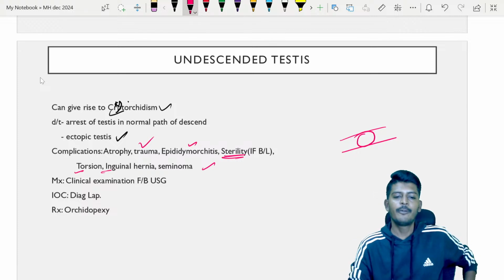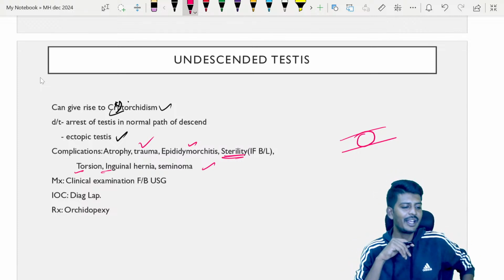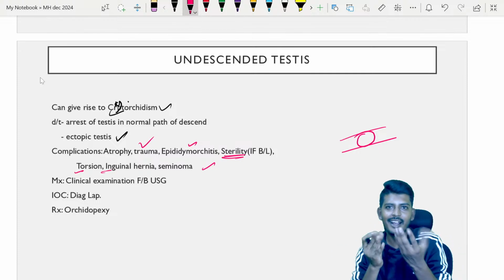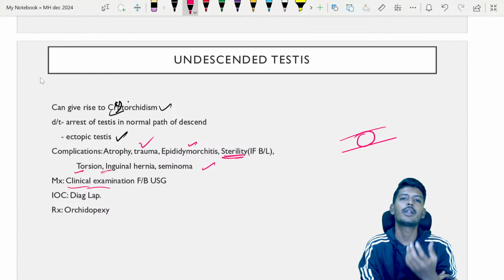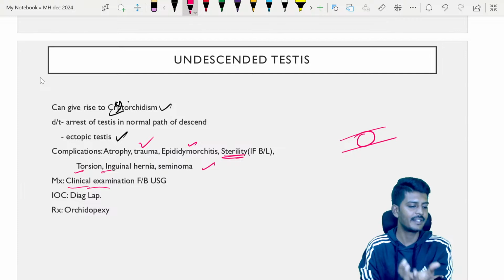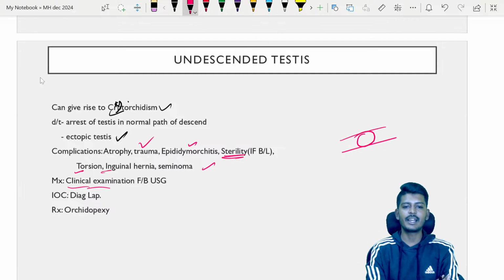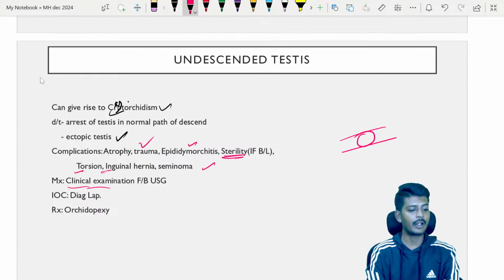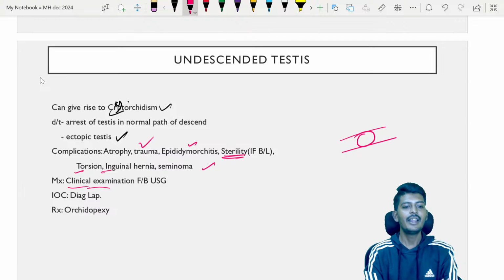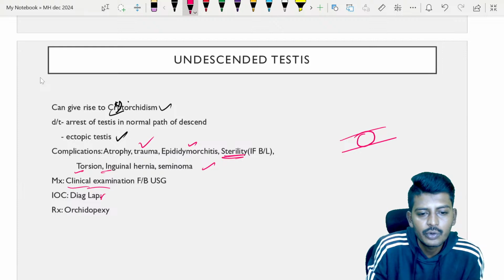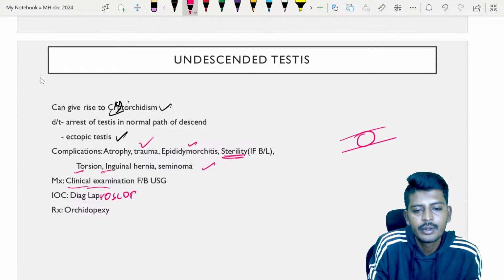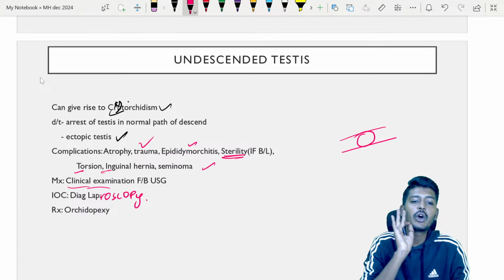Now what is the first thing you will do? If the patient comes, will you send him straight for USG, or will you search for where it has gone? You do a clinical examination first, okay. For the scrotum you do a normal physical examination. After the physical examination, you send the patient for ultrasound, if anything else is there. Then the investigation of choice, my dear students, is diagnostic laparoscopy, not endoscopy.